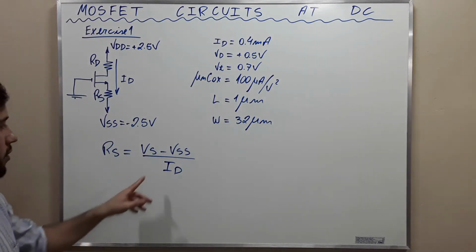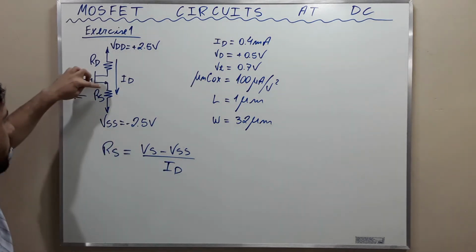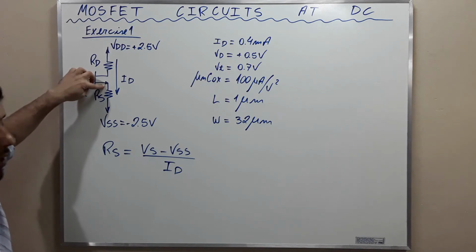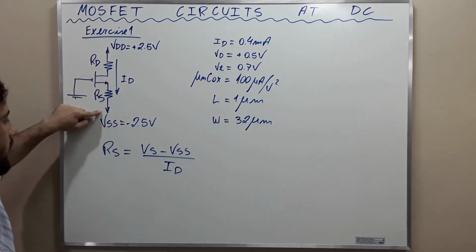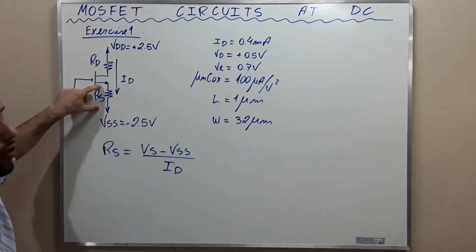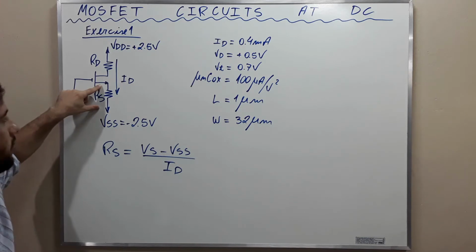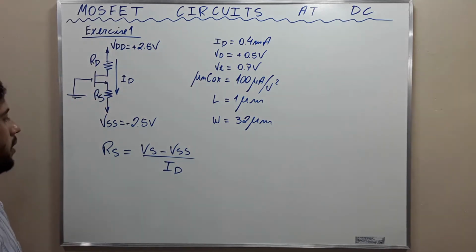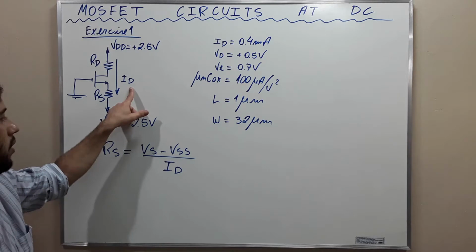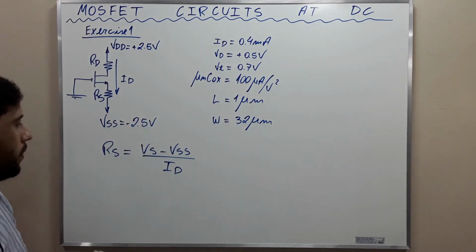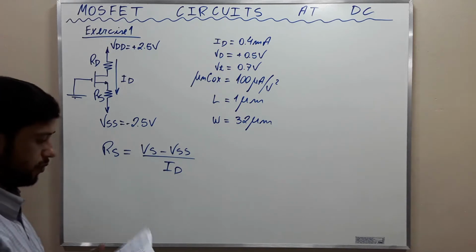Okay, let's interpret this. VS is here, VSS is here. The voltage on top of this resistor is VS minus VSS, and the current that flows is ID. We can use Ohm's law to find this.